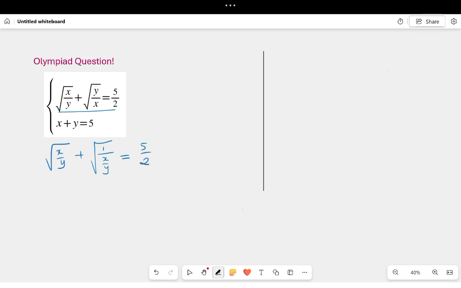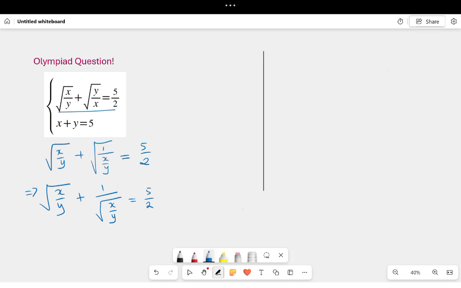Now simplifying this further, it's going to be the square root of x over y, plus 1 over the square root of x over y, is equal to 5 over 2.